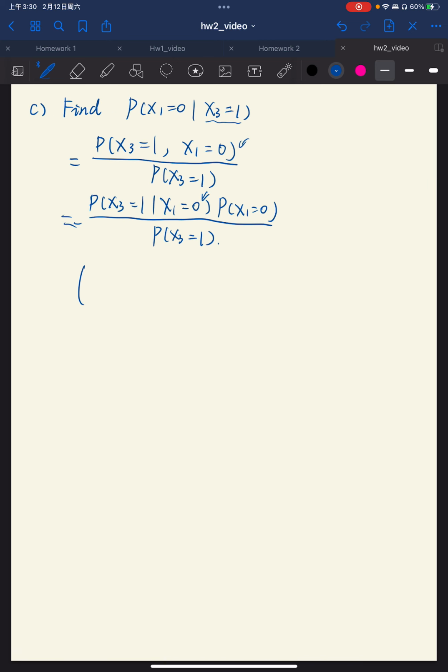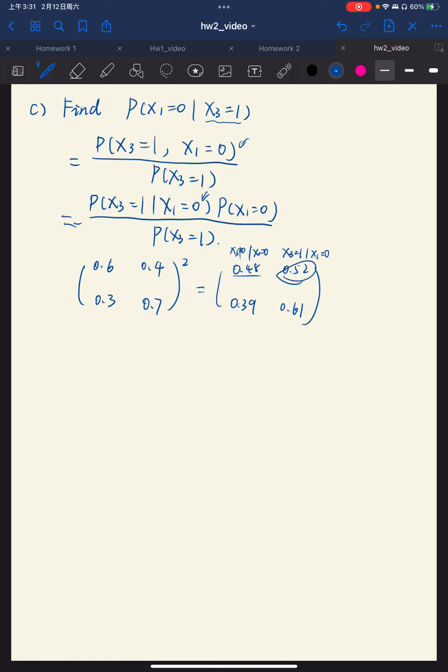So it is 0.6, 0.4, 0.3, 0.7. To the power of 2, it equals 0.48, 0.52, 0.39, and 0.61. And this is for x3 equals 0 given x1 equals 0, and x3 equals 1 given x1 equals 0. And this one is what we need here.